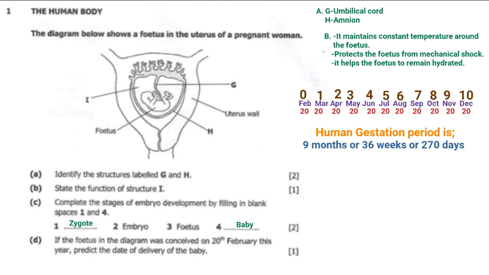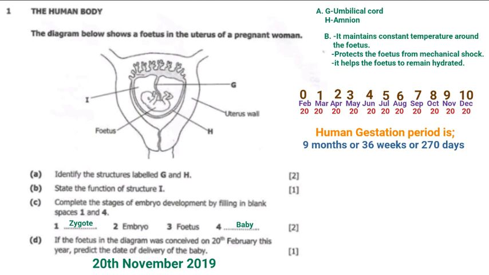Now when we look at when we counted the months, we notice that in November it will clock 9 months. So therefore, we can predict that the child will be born on 20th November 2019, or the same year.